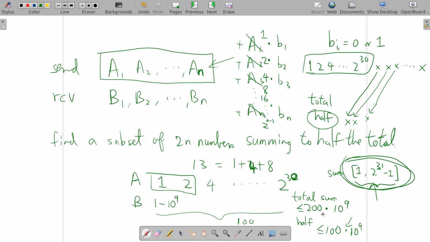And if it's still bigger than or equal to 2 to the 31, by subtracting one of them, because each one of these is at most 10 to the 9, I can never accidentally get a negative number. Because if the half that I'm looking for is still bigger than 2 to the 31, then it's definitely still bigger than 10 to the 9, so I can get rid of some of it by moving it to the half.